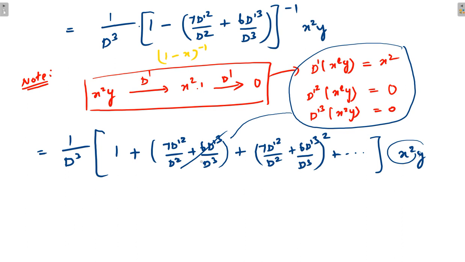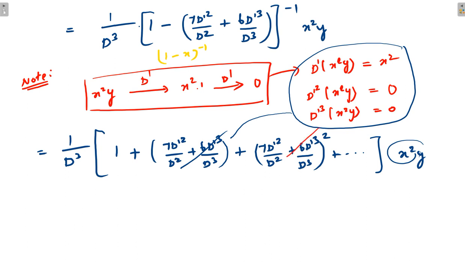Similarly, suppose this term is going to be 0, for the higher powers also the order of D' is going to be more than 2. So for the remaining terms also the power of D' is going to be more than 2, so that derivative is also going to be 0.